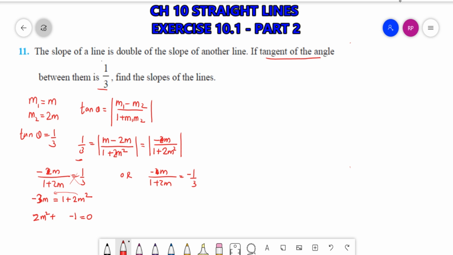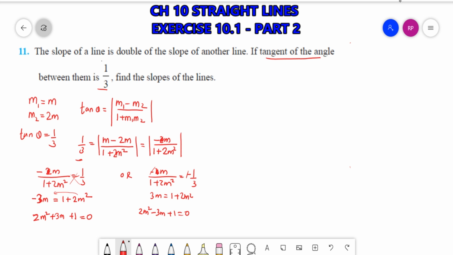So 2m square plus 3m minus 1 is equal to 0. On this side, minus minus gets cancelled, so 3m equal to 1 plus 2m square, so 2m square minus 3m plus 1 equal to 0. Here also it's plus 1.